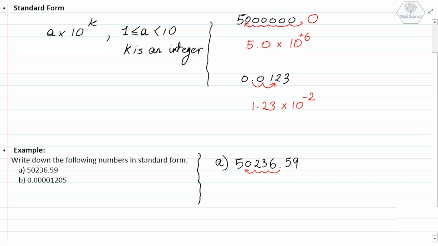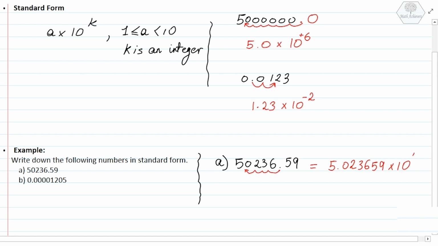So this number is equal to 5.02365 times 10 to the power of 4, because I moved the decimal point 4 places to the left.